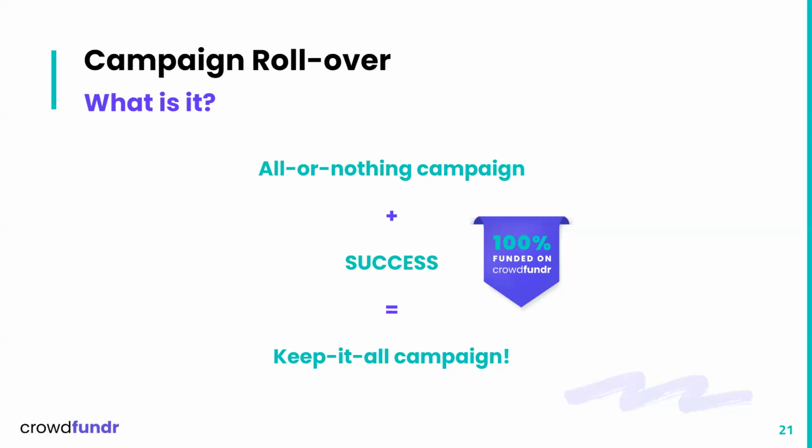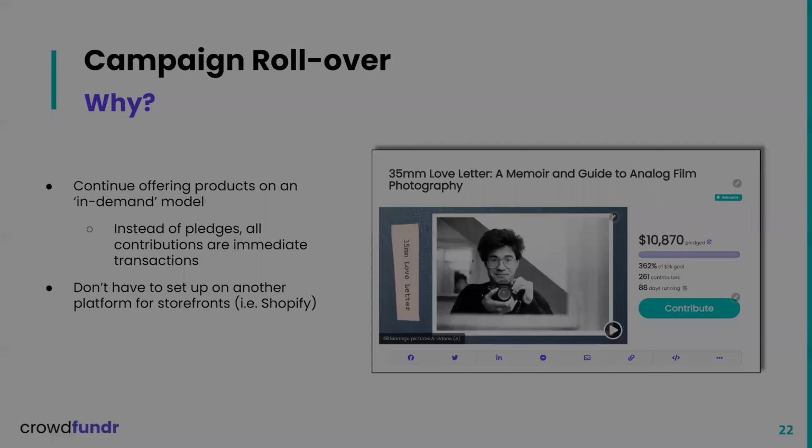If you were thinking, if this campaign is successful, maybe I'll consider a storefront, that's the idea: you can just roll your campaign over into what is essentially a storefront. You don't have to do all the work to create a storefront on another platform or on your webpage if you don't want to. It's already done for you.